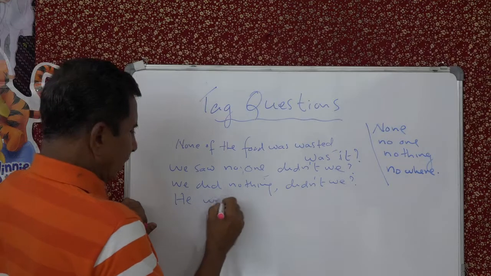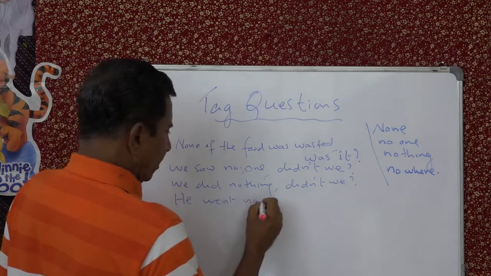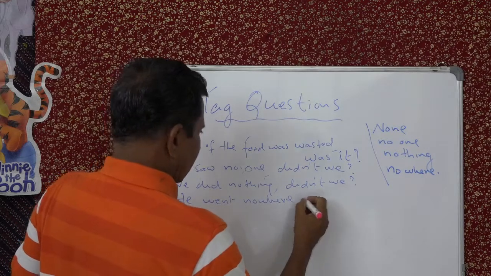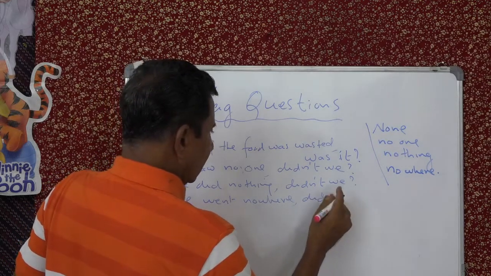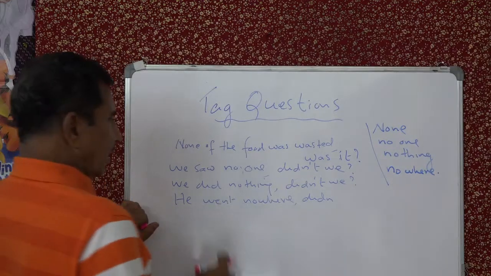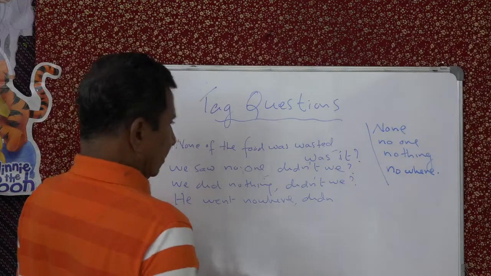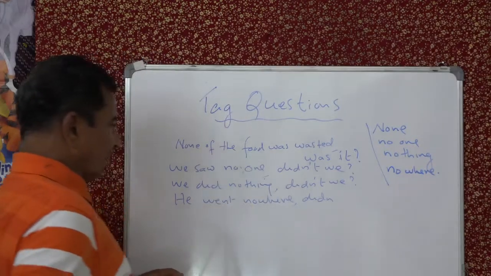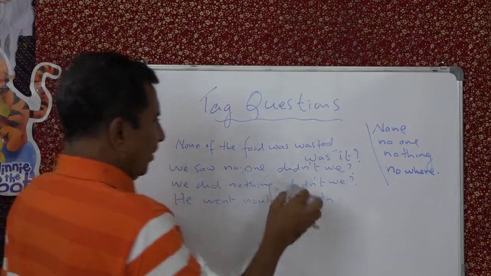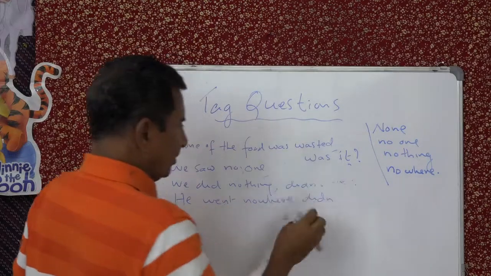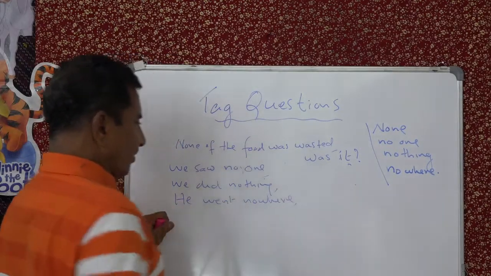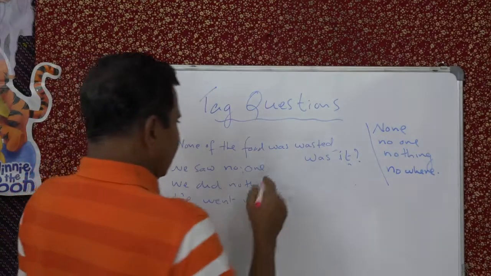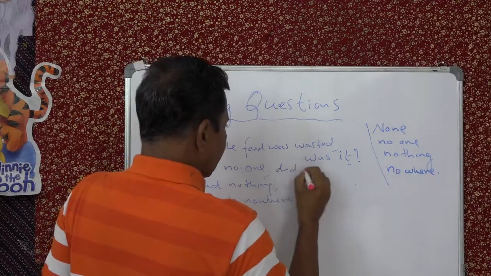Or he went nowhere. He was just wandering, he did nothing. Oh, sorry, excuse me. Negative or positive tag? Positive. We saw no one, did we? Sorry. That's good, to make a mistake and then correct it. Yes, we saw no one, did we?